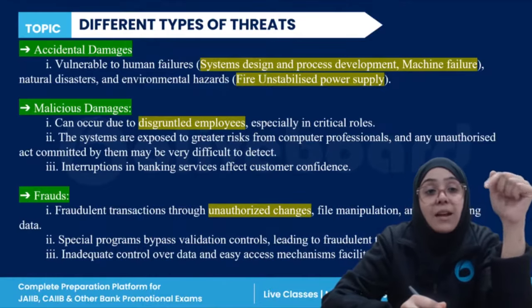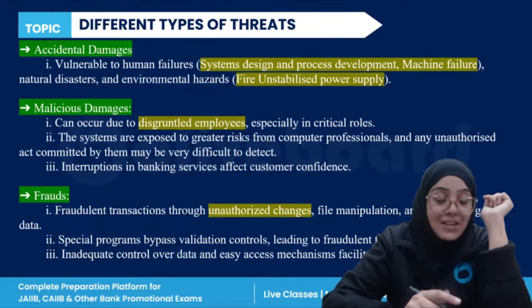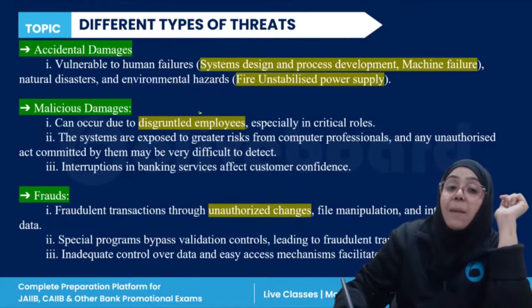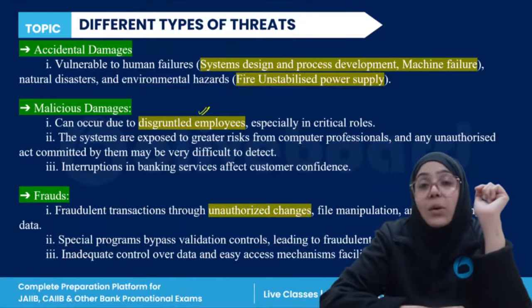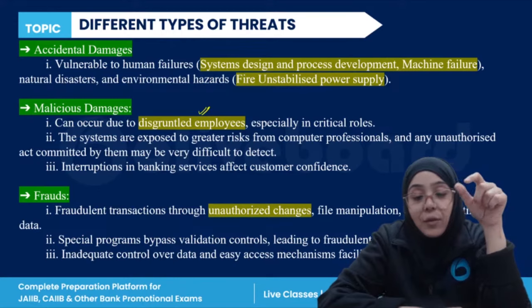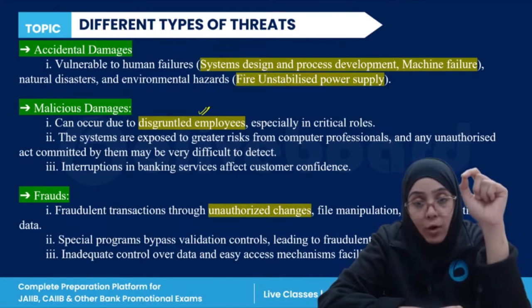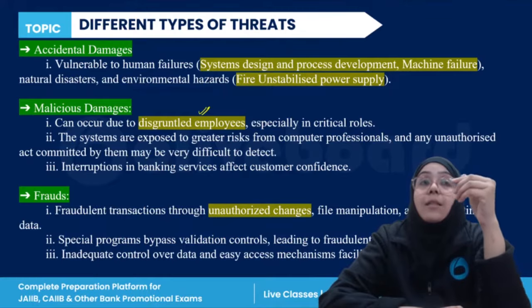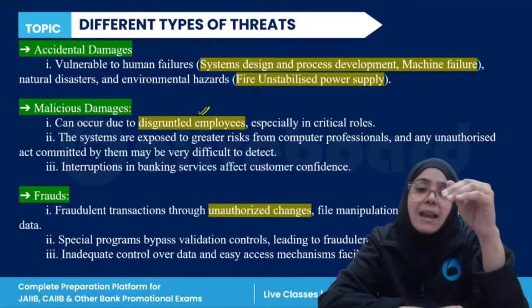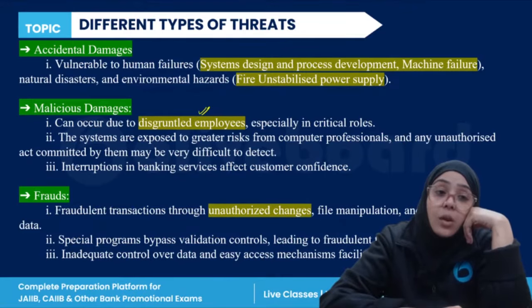Now there is a different type of damage which is known as malicious damage. These are caused by disgruntled employees, meaning those who are not satisfied with the working environment. If an employee is not satisfied with the working environment, they can take different types of steps which can harm the environment, yes or no?